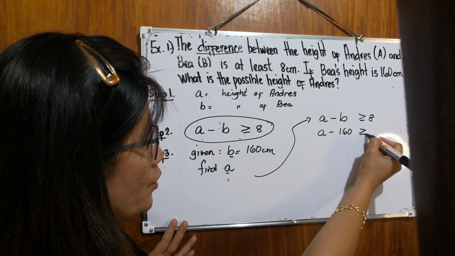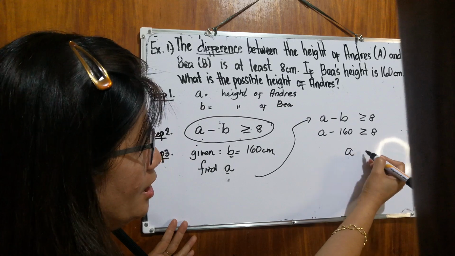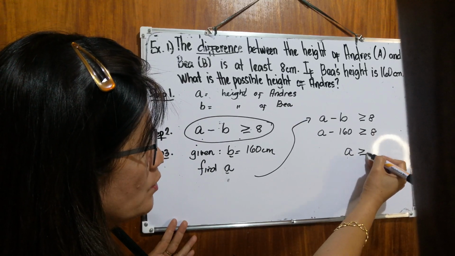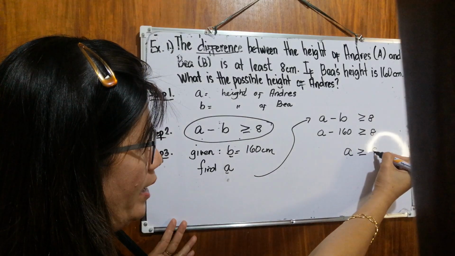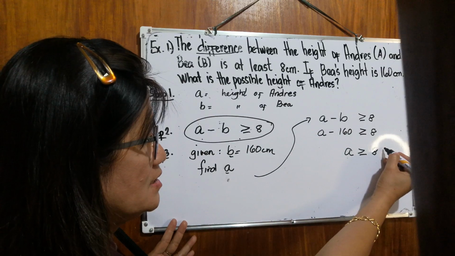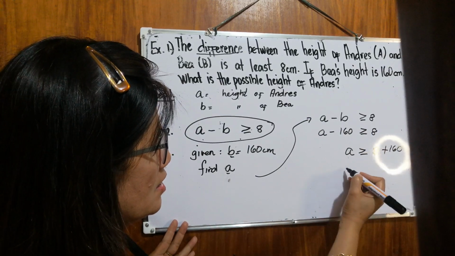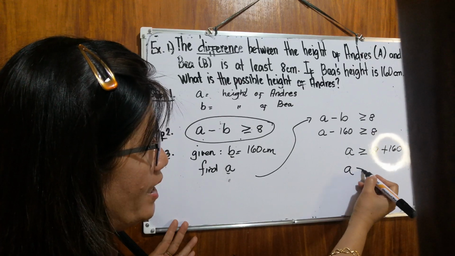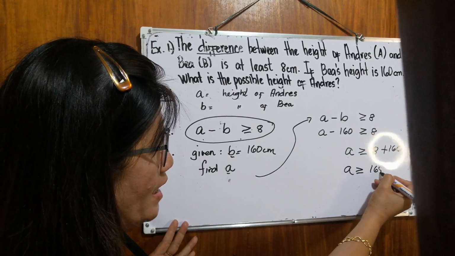Is greater than or equal to 8. Then to find A, we're going to transpose. So baba muna natin yung inequality sign, baba muna natin yung 8, and then we will transpose negative 160, that will be positive 160. So A is greater than or equal to 168.